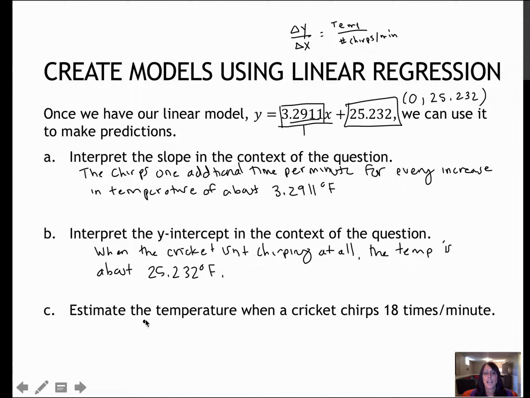So, last one, estimate the temperature when a cricket chirps 18 times per minute. So 18 times per minute would be, am I going to plug that in for X, or am I going to plug that in for Y?